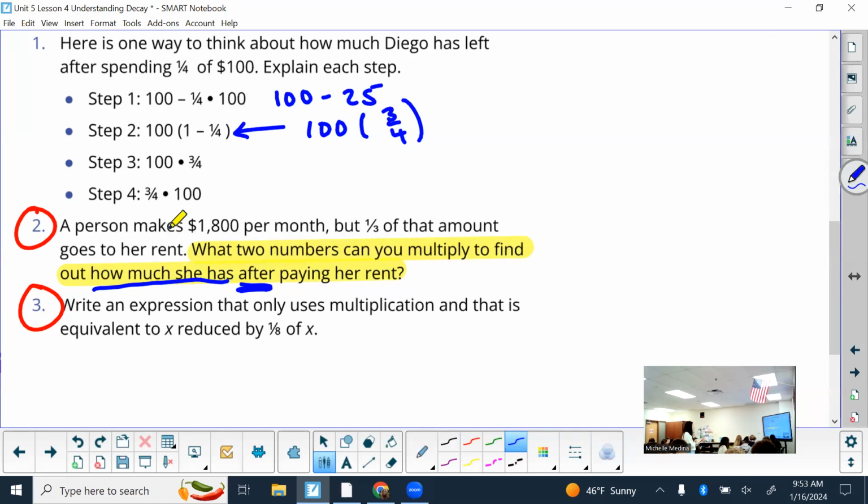I mean, you need this information, but what two numbers can I multiply to find out how much she has after paying her rent? Or, table 4, can you tell me how much she has after paying her rent?